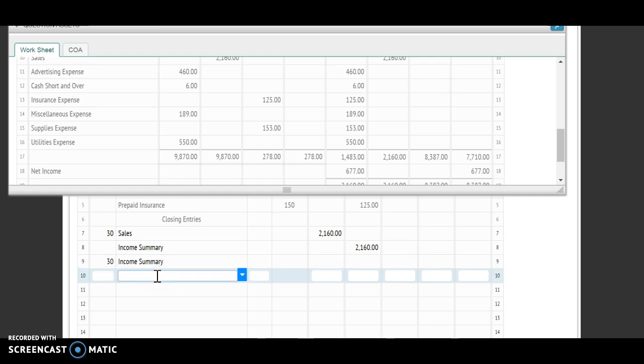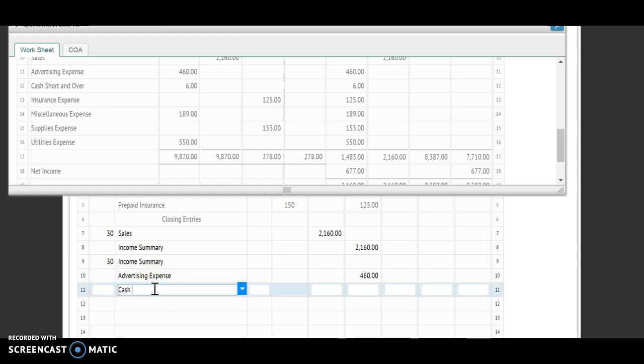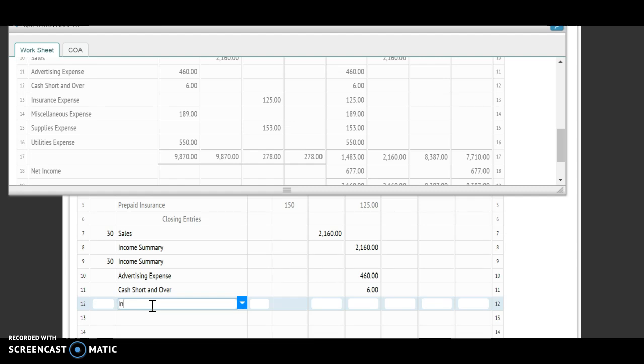Now I'm going to put in those expenses that I'm closing. So advertising expense, I'm going to close that with a credit of $460. Next, I have cash short and over. I'm going to close that with a credit of $6. Insurance expense, credit $125.